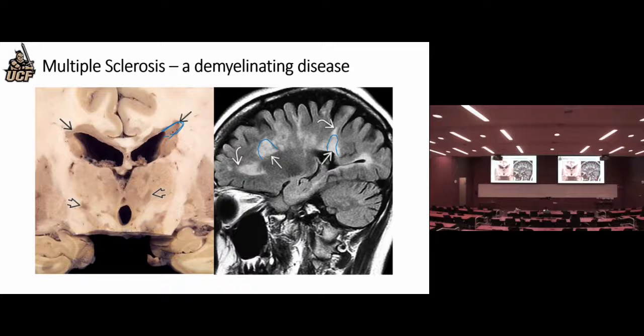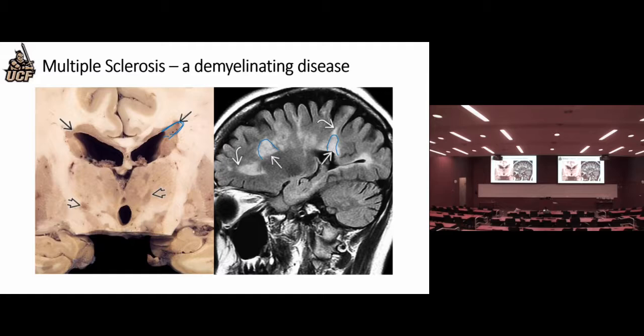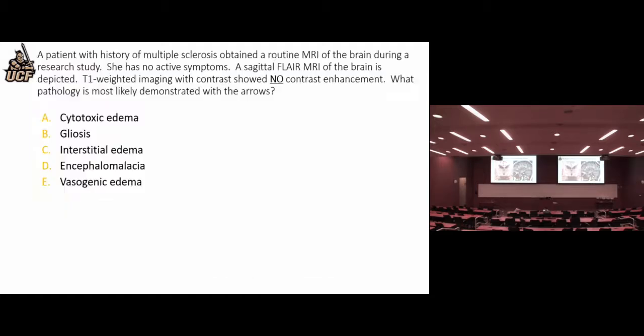Looks like the flare picks up some things the other doesn't. I think it's just the sensitivity. I don't think that shows that's an acute lesion. I think for that they'd show a T1 with gadolinium to show acute lesions. I think it just shows greater sensitivity.